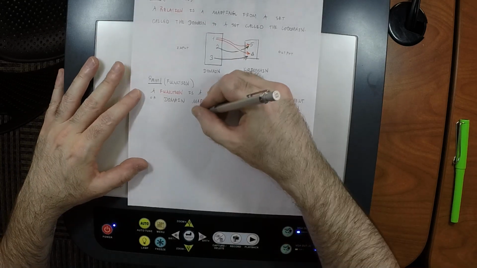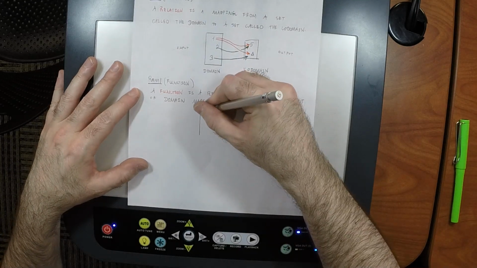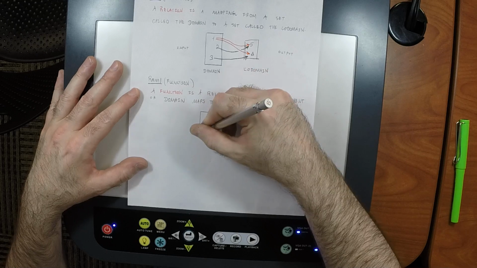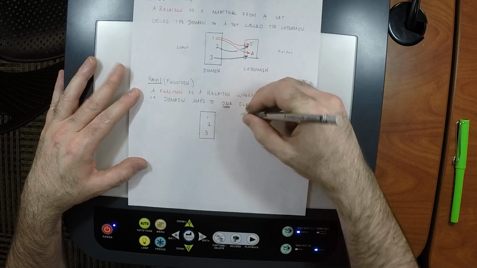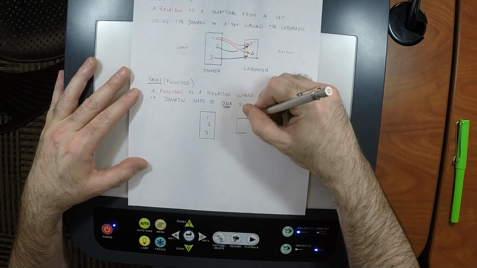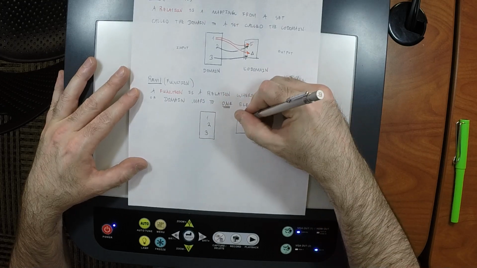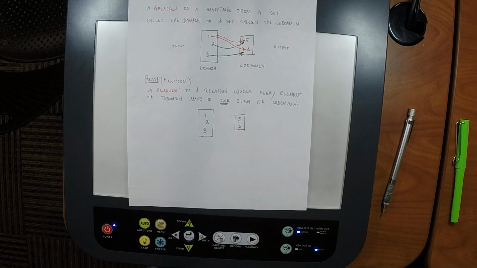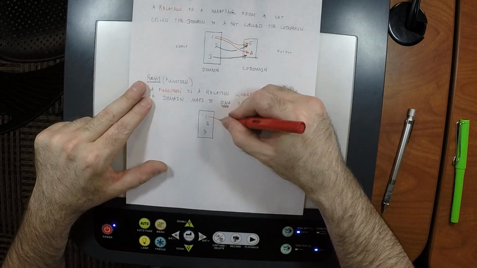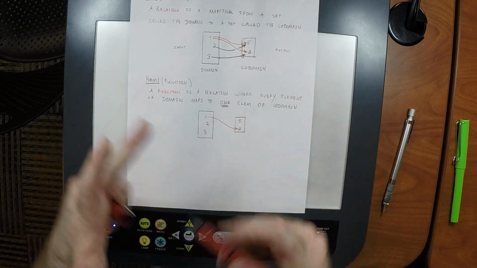Okay, an example would be, we could take that same relation and trim it down. Maybe 1 is only related to triangle now.